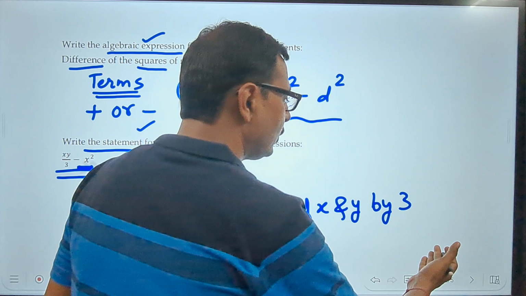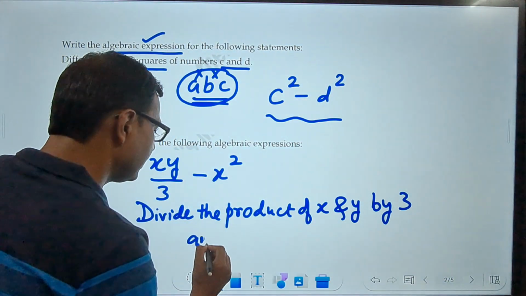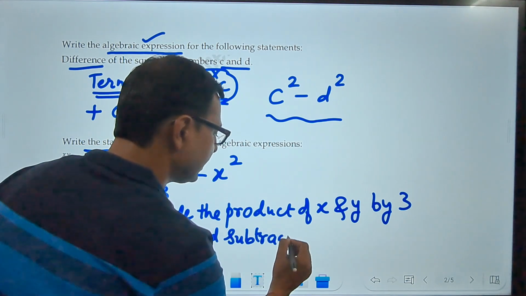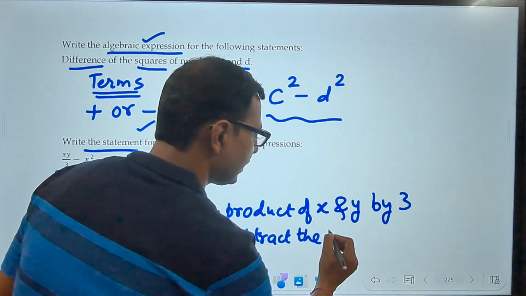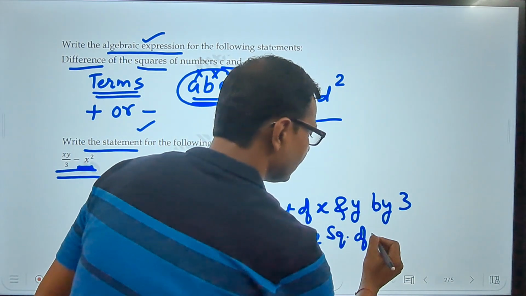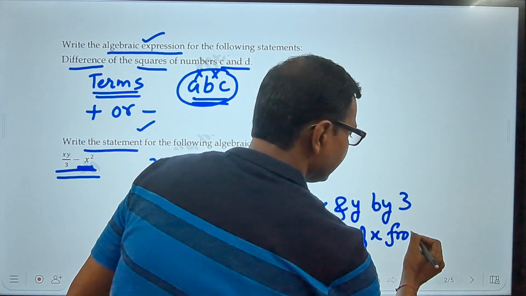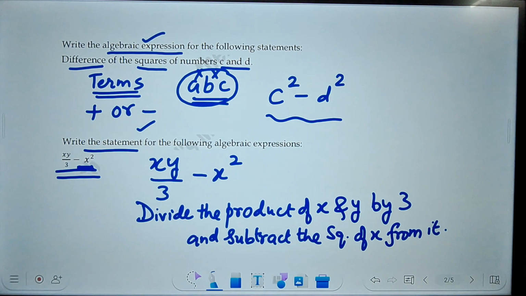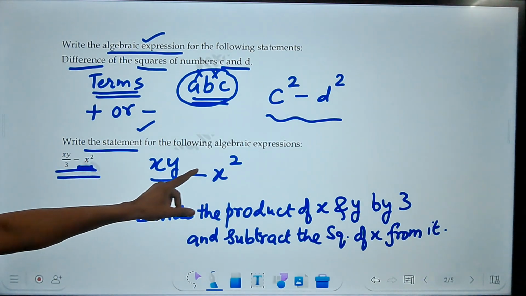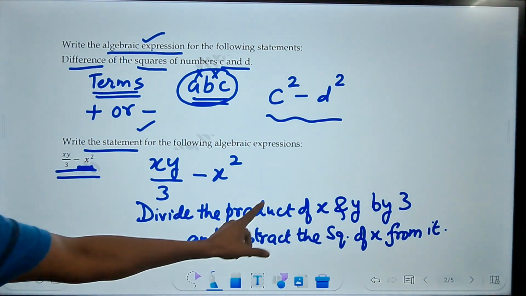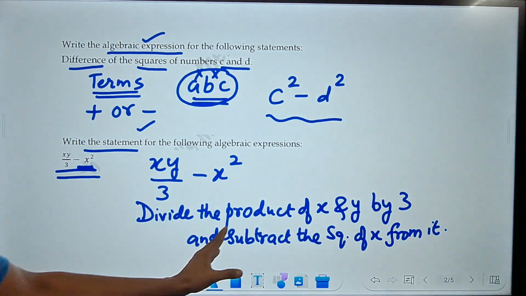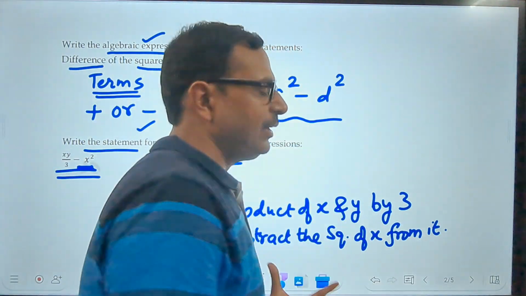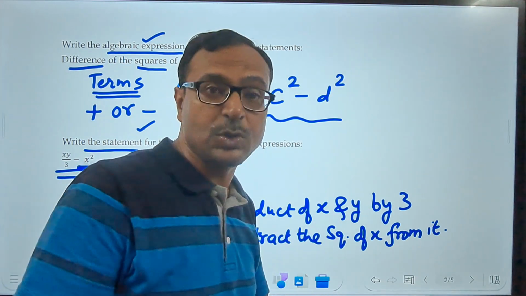You can continue it here itself, and subtract the square of x from it. A perfect statement which represents xy upon 3 minus x square: divide the product of x and y by 3 and subtract the square of x from it. Now if you want to write it in a different manner, yes, you can do it.